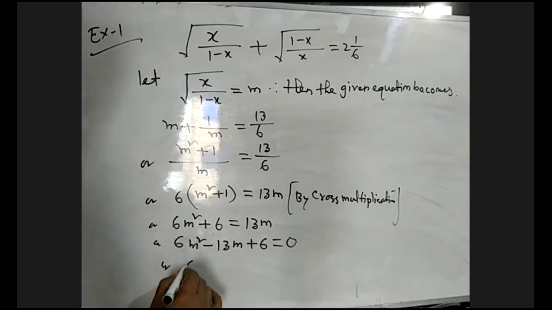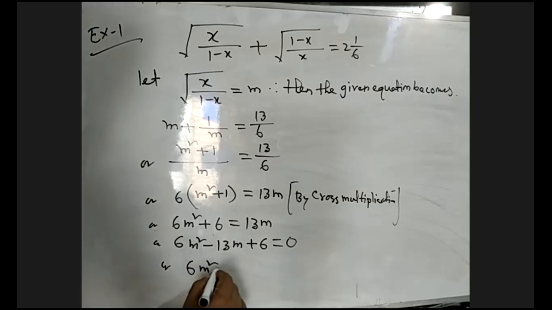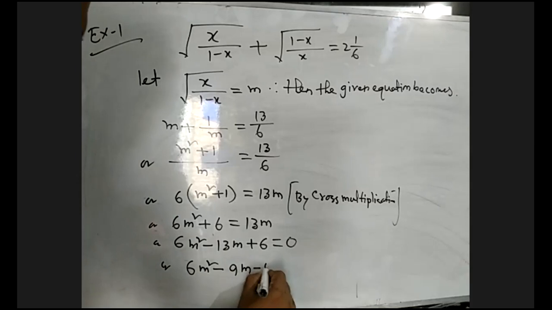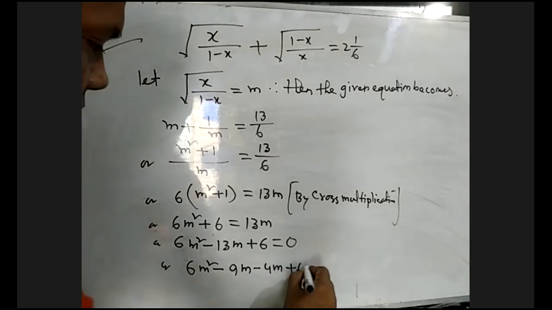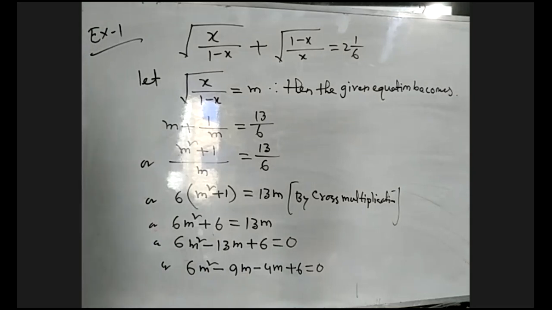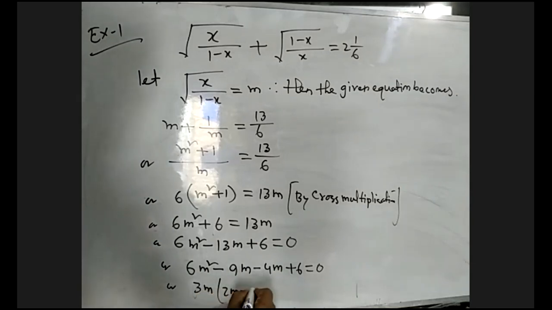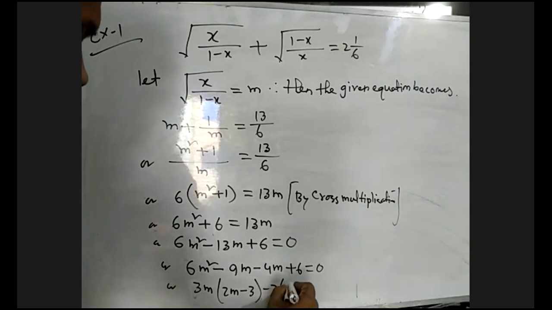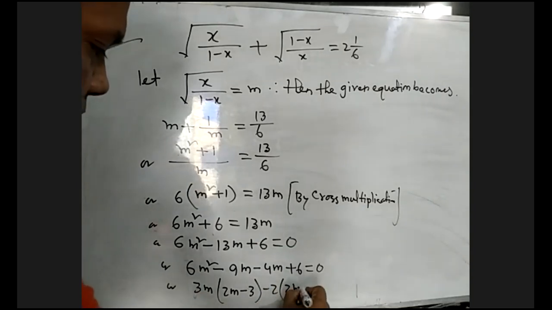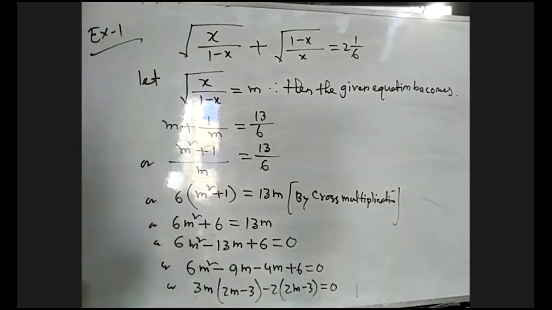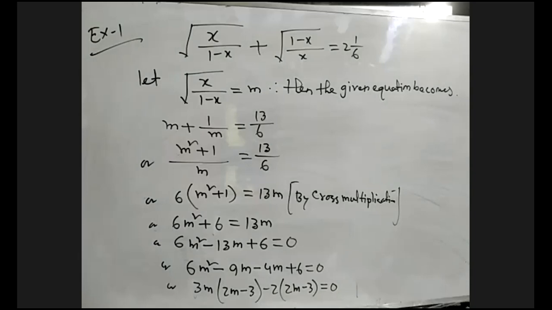6 times 6 is 36. So 9m minus 4m plus 6. That means middle term factorization, using middle term factorization we can write this. Taking 3m common, we get 2m minus 3, minus 2 common, 2m minus 3 equals 0.